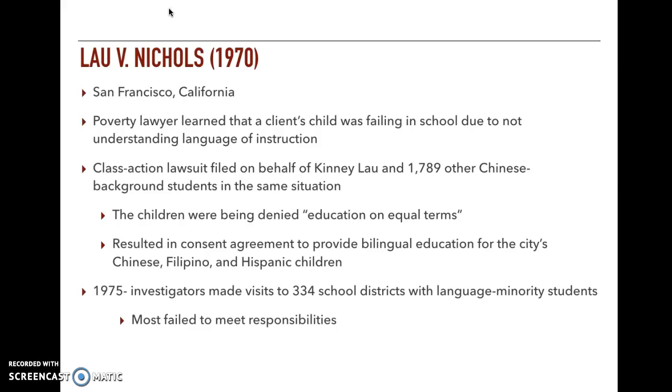The children were being denied education on equal terms. It resulted in a consent agreement to provide bilingual education for the city's Chinese, Filipino, and Hispanic children. In 1975, investigators followed up by visiting 334 school districts with language minority students. Most of these schools failed to meet responsibilities.